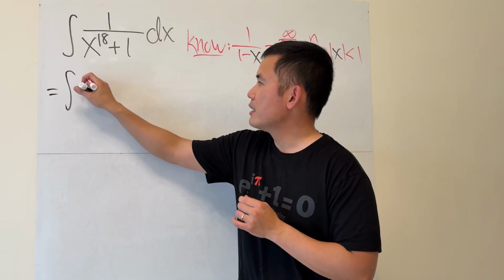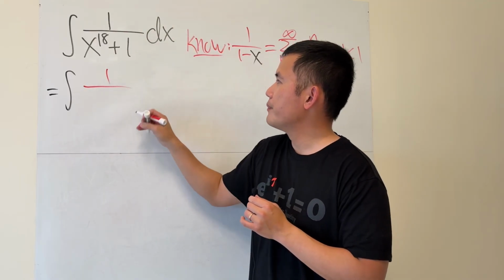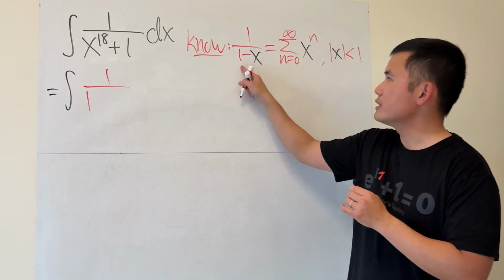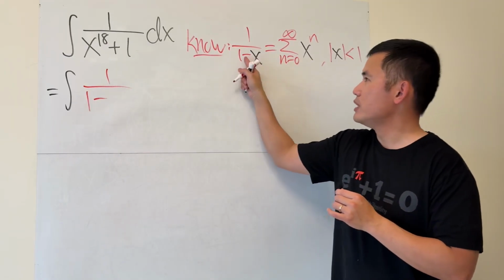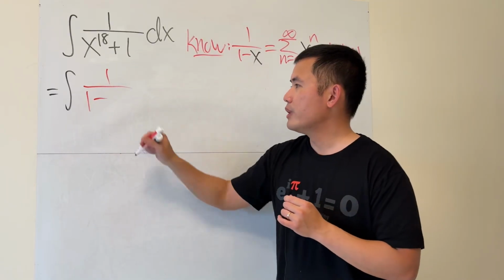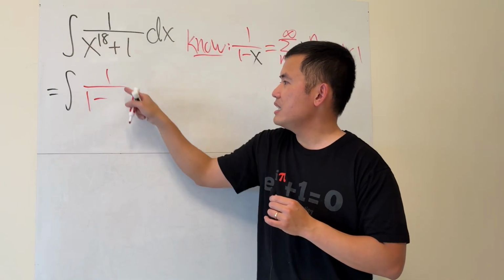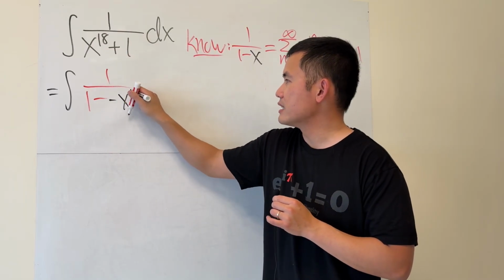On the inside here, let's go ahead and rewrite it a little bit. This is 1 over, let's put on the 1 first so we can match that. And then minus though, we need a minus. But that's a positive, but it's okay because we can just write that as negative, negative. So let's put another negative and then the x to the 18th power.